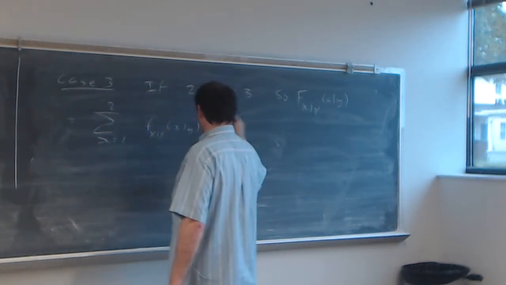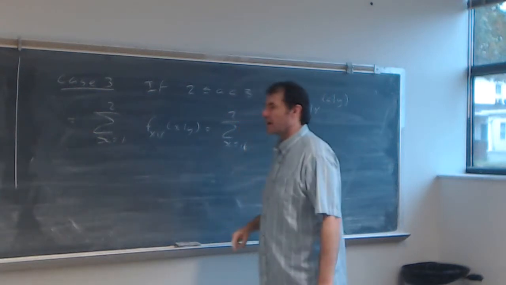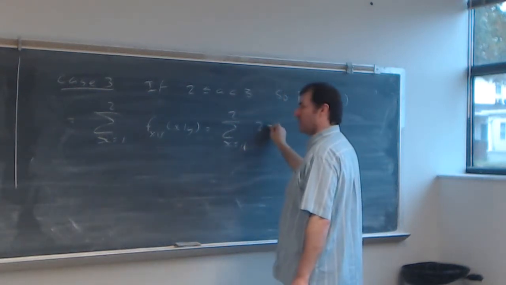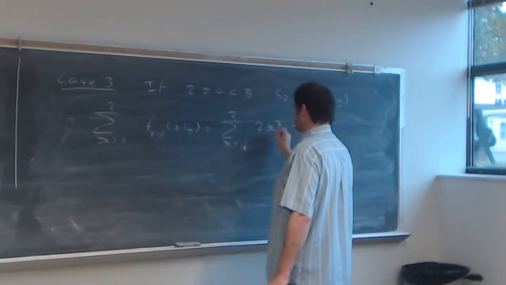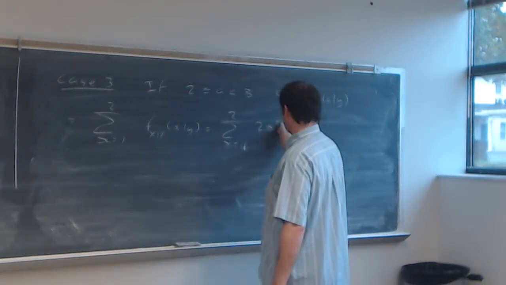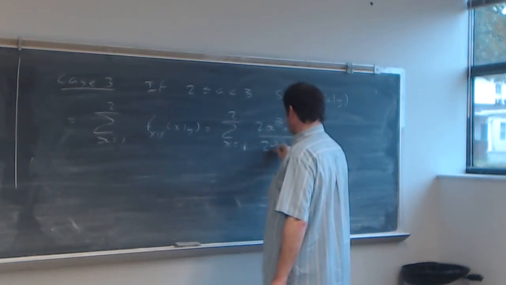Well, we just found this. This is the sum as x runs from 1 to 2, and this was 2x squared plus 3y, all over 28 plus 9y.